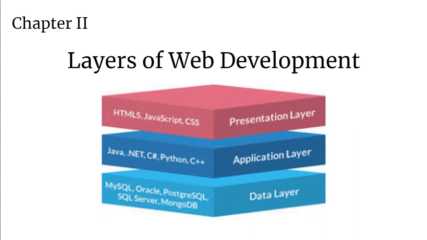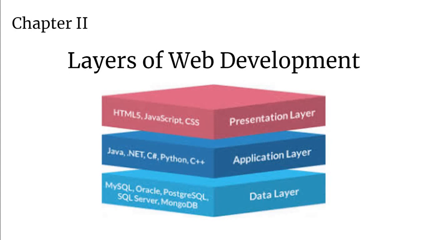The second thing is the application layer. In this application layer, what happens is it refers to server-side development. As I told you earlier, these projects run on the server, not on your client system. This is the term used for behind-the-scenes activities that happen when performing any action on a website.